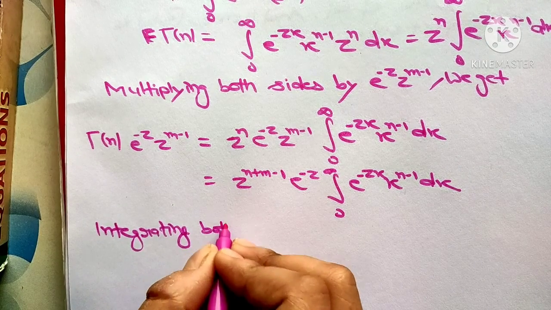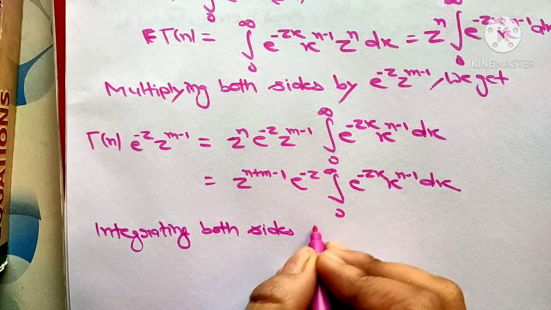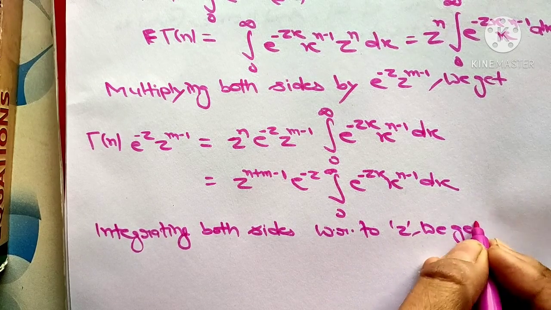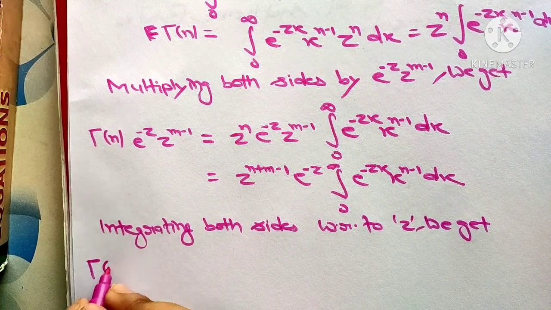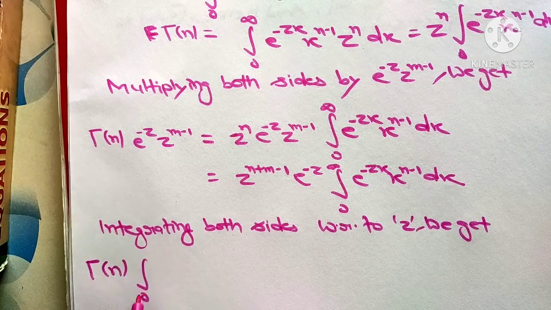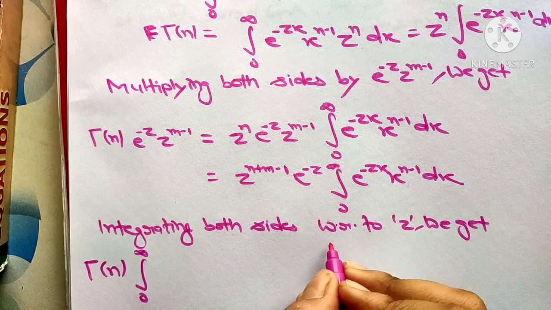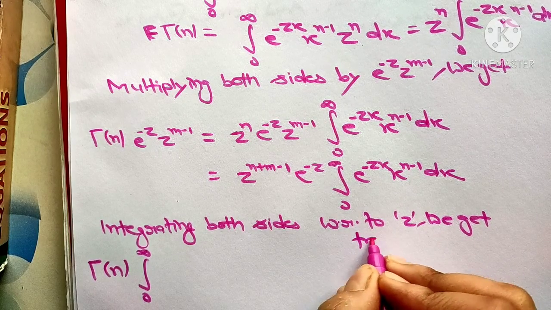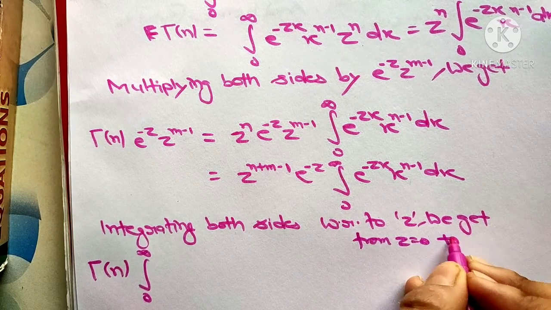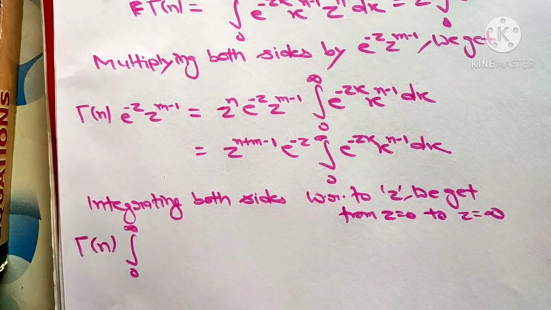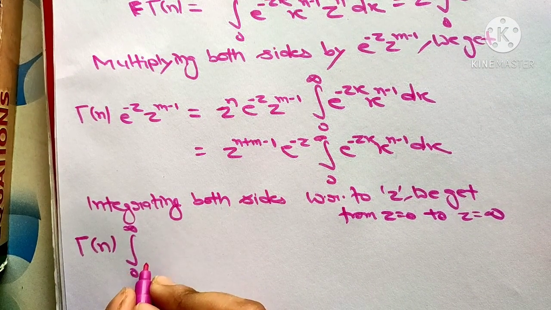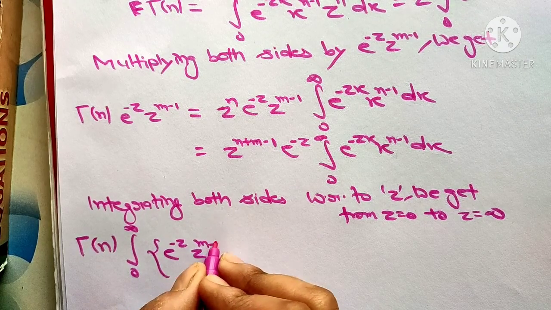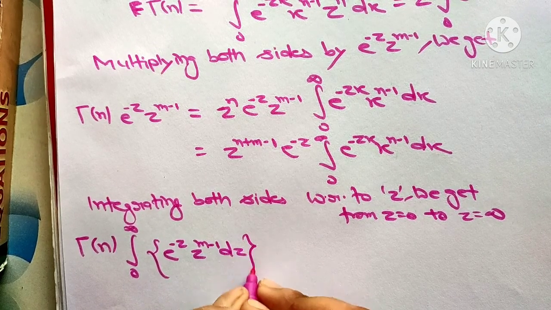Integrating both sides with respect to z, we get gamma n integral with z from 0 to infinity, you may mention it, of e to the power minus z, z to the power m minus 1 dz.